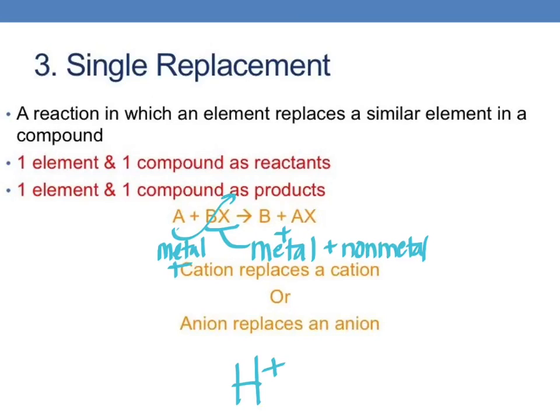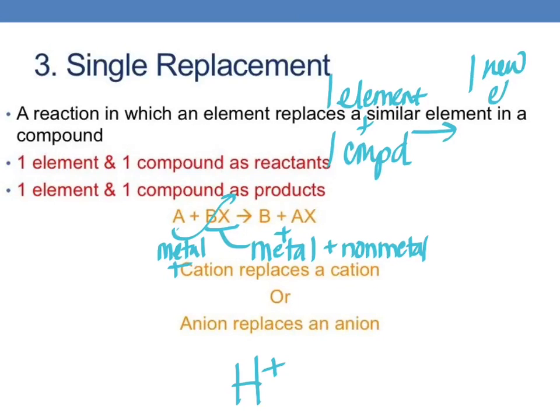Okay, so here we have one element plus one compound, and by the end we end up with one new element by itself and one new compound being formed.